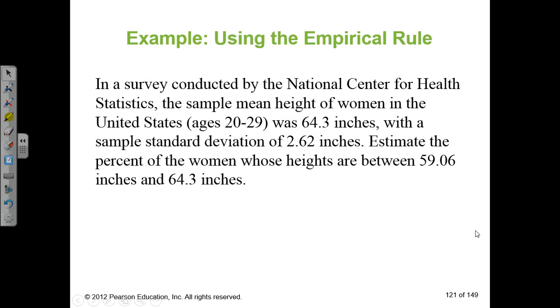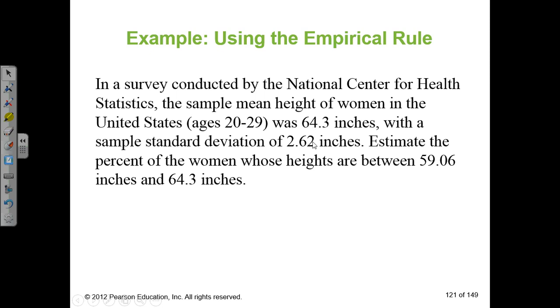Let's look at an example on how we would use the empirical rule to describe the data set. So suppose the average height of a woman is 64.3 with a standard deviation of 2.62. This is a sample mean, so this was taken from a sample of women. Now the 64.3 is the mean, and we're trying to figure out how many standard deviations 59.06 is from this mean.